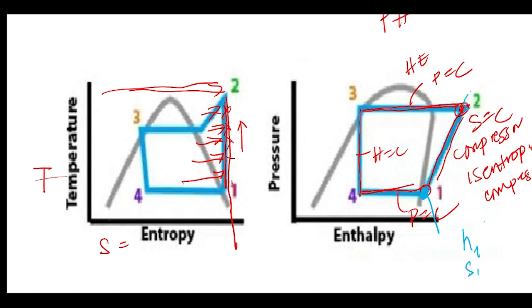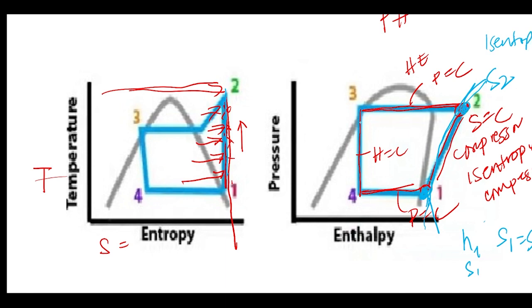Here, you can get the enthalpy of two because entropy of one is equal to entropy of two, the constant. This is the isentropic line. It is straight in the TS diagram and curved in the pH diagram. So S1 equals S2 because they are isentropic. In the steam table, you can get that.